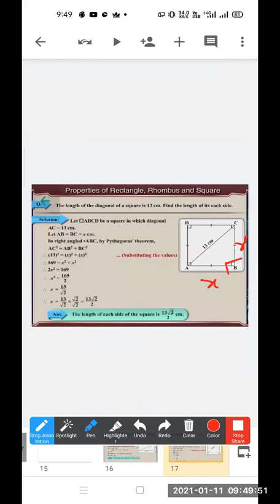Now see here children, 13 upon root 2 is a surd, and you have studied this chapter on surds. So in order to remove the root 2 from the denominator, we have to rationalize it. We multiply both numerator and denominator by root 2.